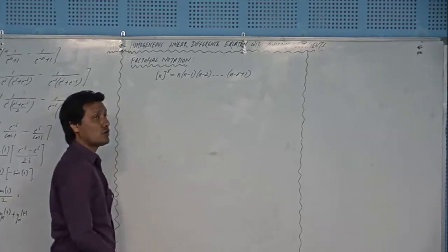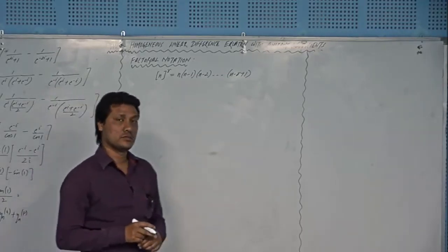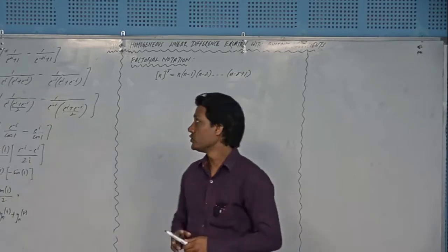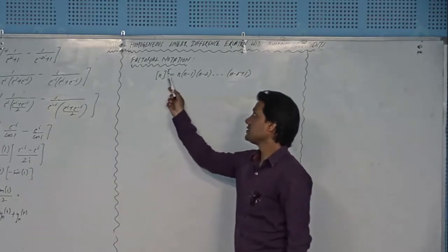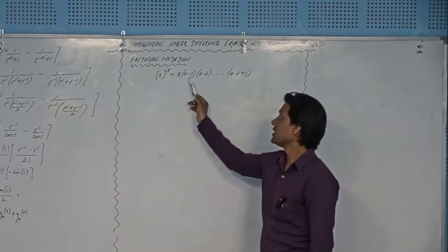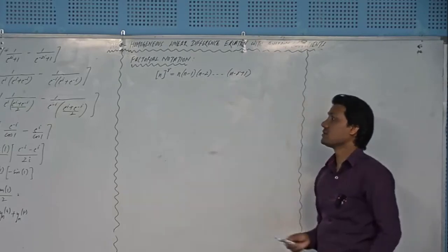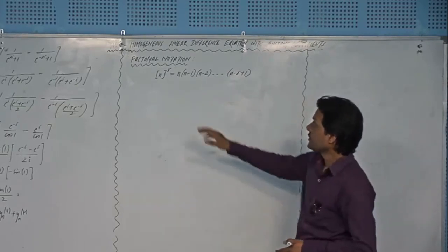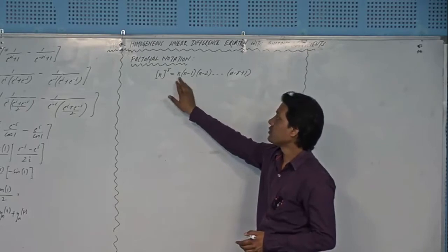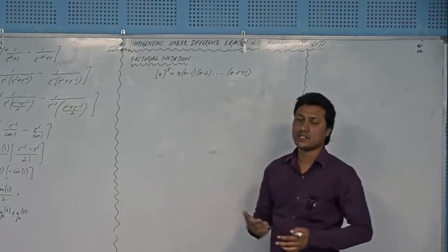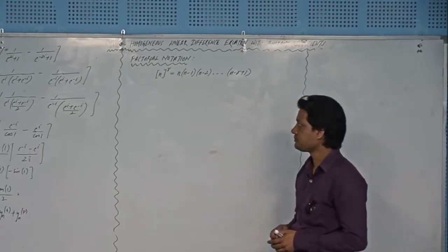So this is how a factorial polynomial is defined. You should read it as factorial n to the power r equal to n, n minus 1, n minus 2, up to n minus r plus 1, right? So this is a factorial notation, and that is equal to the product of these factors. That's why we call it factorial notation.